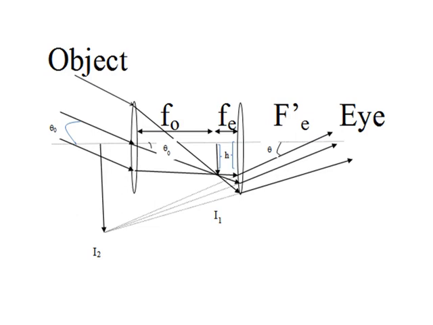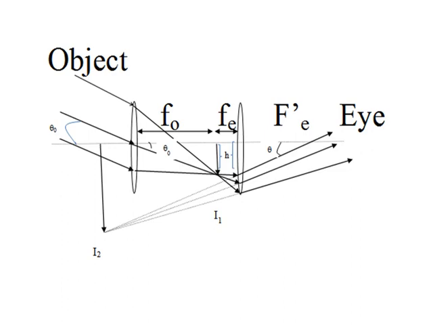The lens closer to the eye is called eyepiece. The focal length of the objective lens is f0. The focal length of the eyepiece is fe. The first image is formed at the focal point of the first lens. The first image is I1.